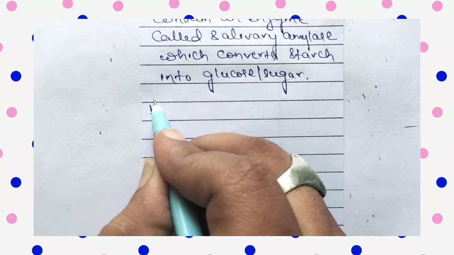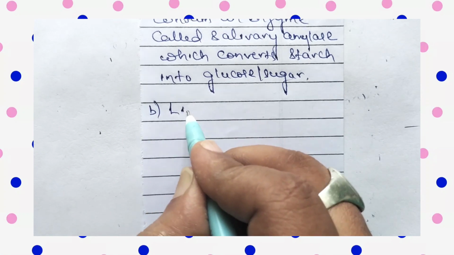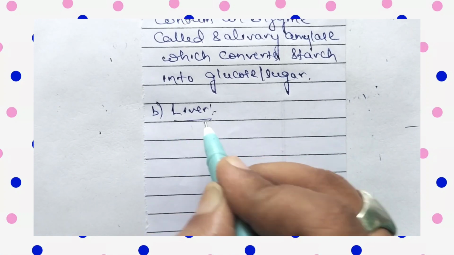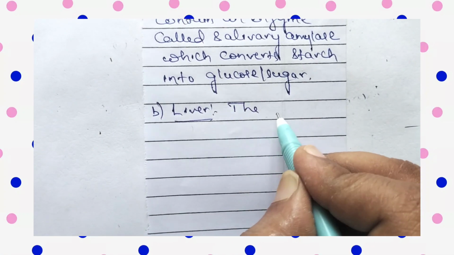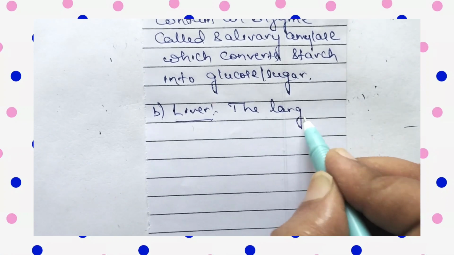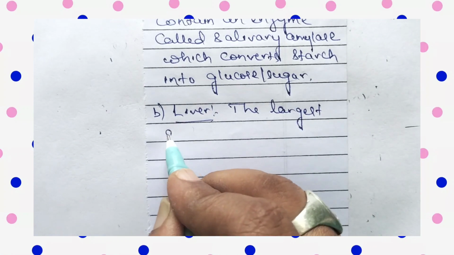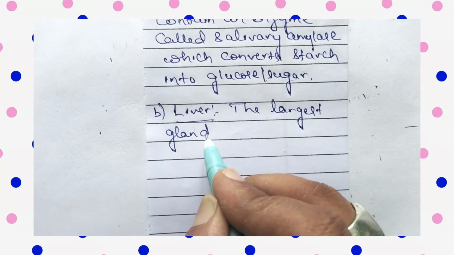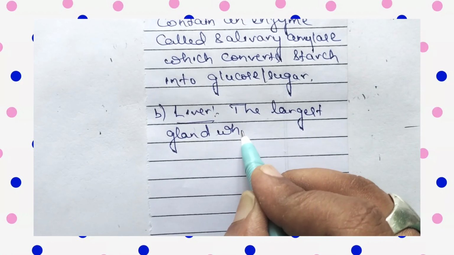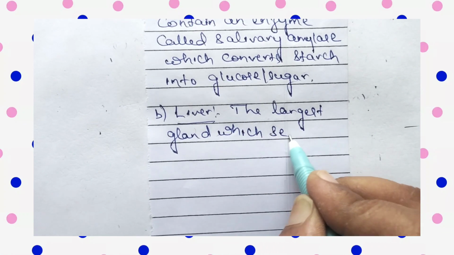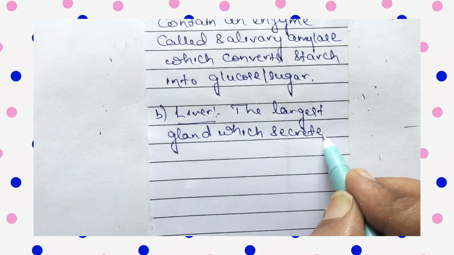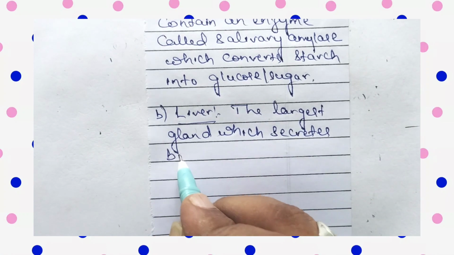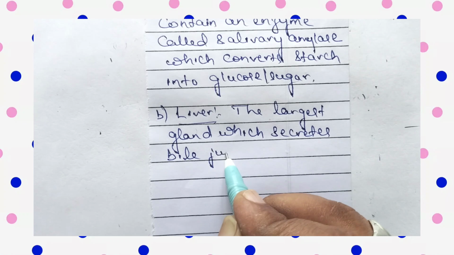The second gland is the liver, the largest gland, which secretes bile juice.